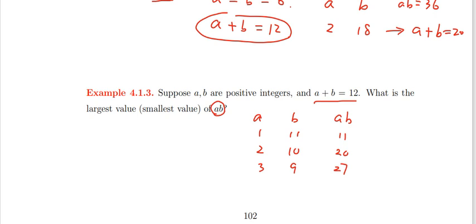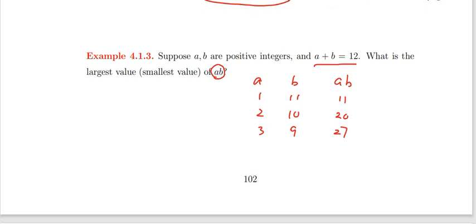Which one is the largest value for a times b? How about 6, 6? Then a times b is 36. So we can see that this is the largest, and this one is the smallest.